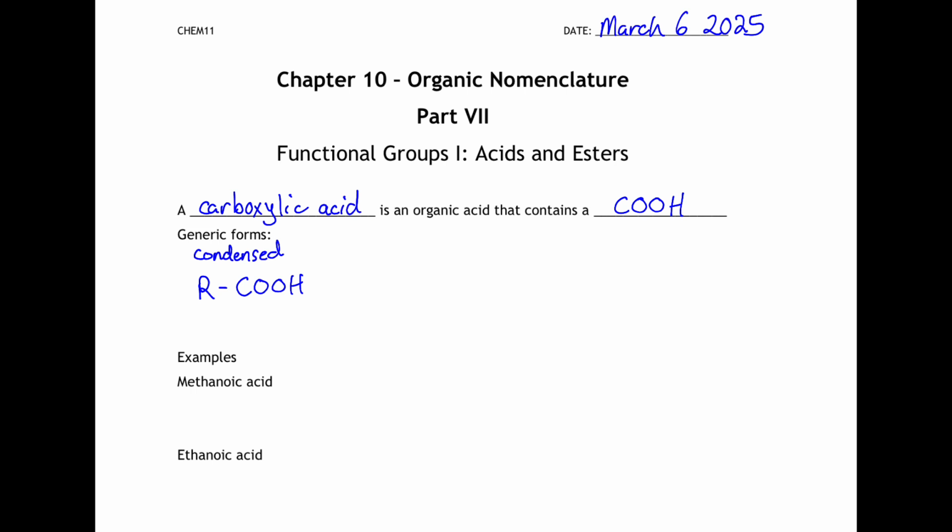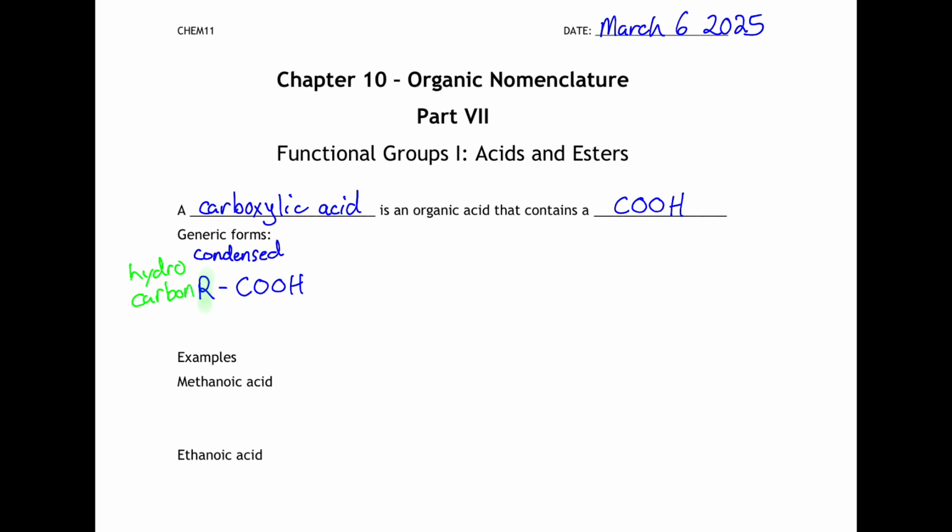R is like your standard hydrocarbon. So it's like a generic chain.